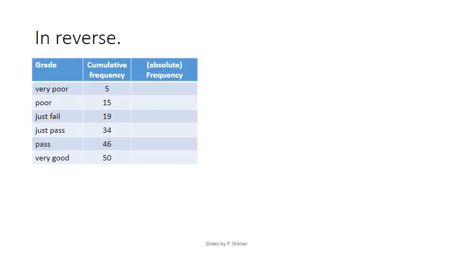If we are given cumulative frequencies instead of absolute frequencies, we can still convert these back to the absolute frequencies. For example, if we wanted to know how many students scored a just pass, we can have a look at the cumulative frequency and therefore know that 34 students scored a just pass or worse.